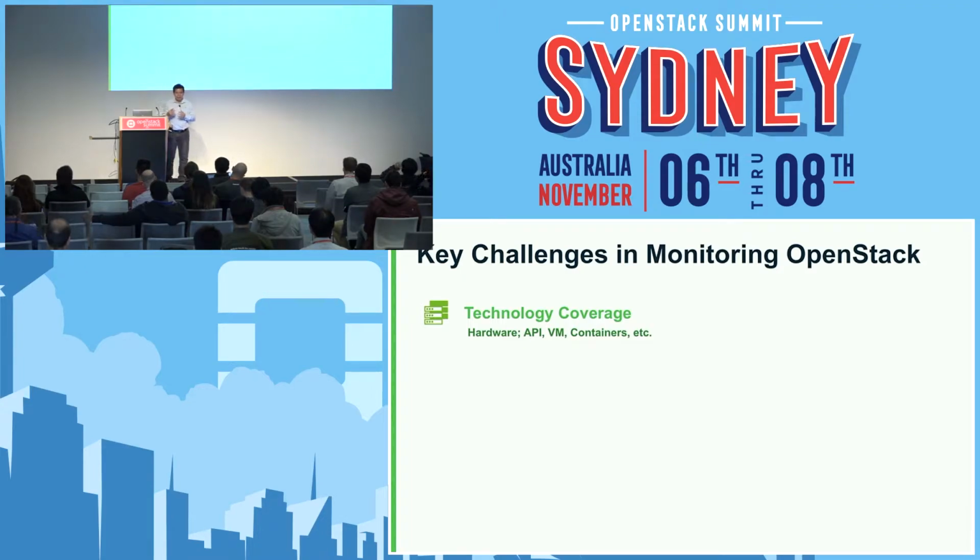You cannot ignore them because they are also core parts of OpenStack. How about the tenant side? The VMs and even the latest technology like containers, you want to keep track of everything. You want monitoring tools that cover all these technology stacks in one shot. The ideal way is to make it extensible to cover new technology as it comes up.